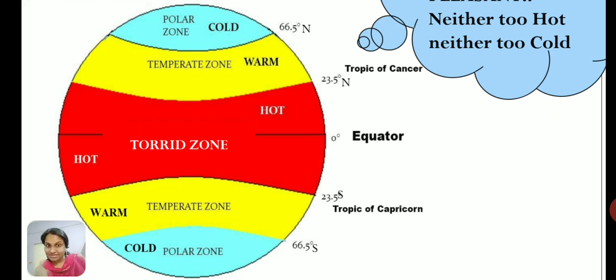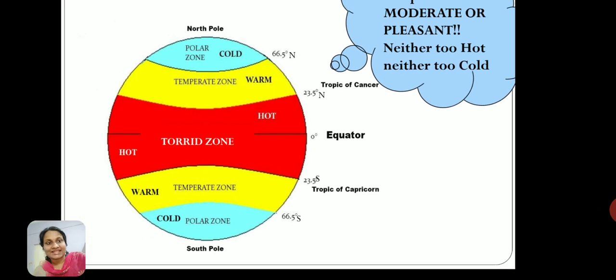And in the southern hemisphere, it lies between 23.5 degrees south, that is the Tropic of Capricorn, and 66.5 degrees south, that is the Antarctic Circle. So you will find the temperate zone in two places on the earth, one in the northern hemisphere and one in the southern hemisphere. I hope this much is understood and is clear.